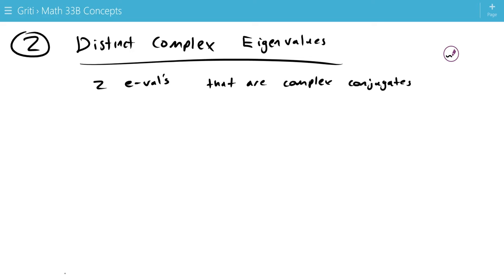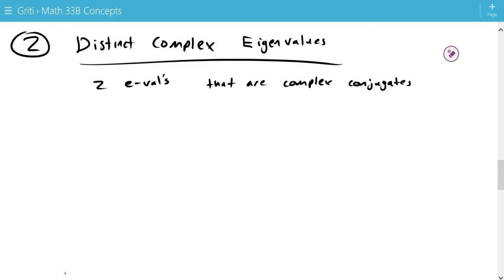And a complex conjugate is just something that looks like this. If you have a plus bi, the symbol for complex conjugate is just a bar over the top. Complex conjugate of that is a minus bi. So that's just a complex conjugate.